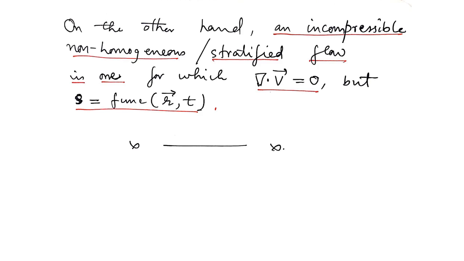So there we have an incompressible stratified flow. All those flows were examples of incompressible non-homogeneous or stratified flows where density was varying across different particles. So it varies in space and time, but the flow is incompressible. So if you follow individual particles, their volume strain rate would be 0. Del dot v is 0.